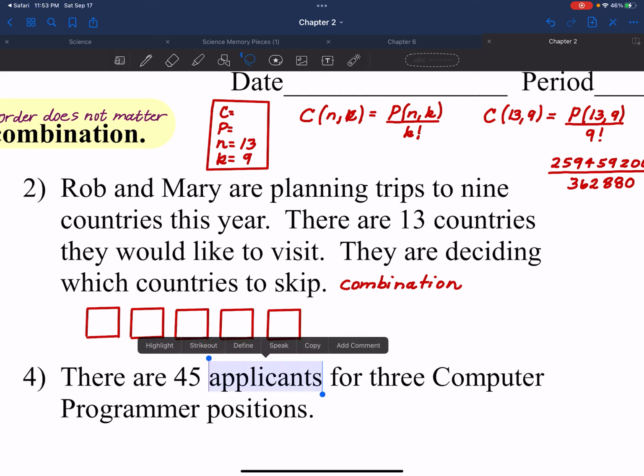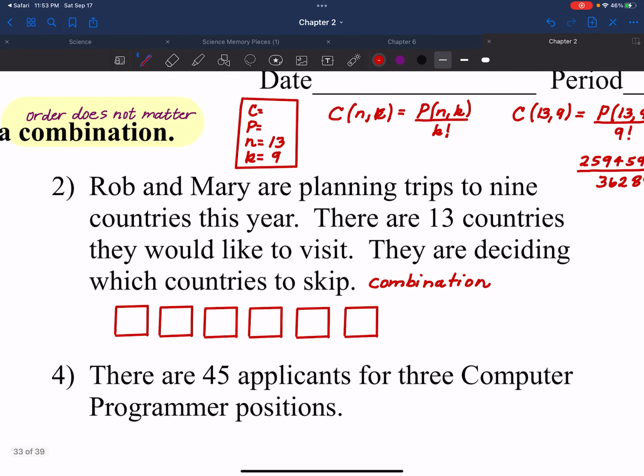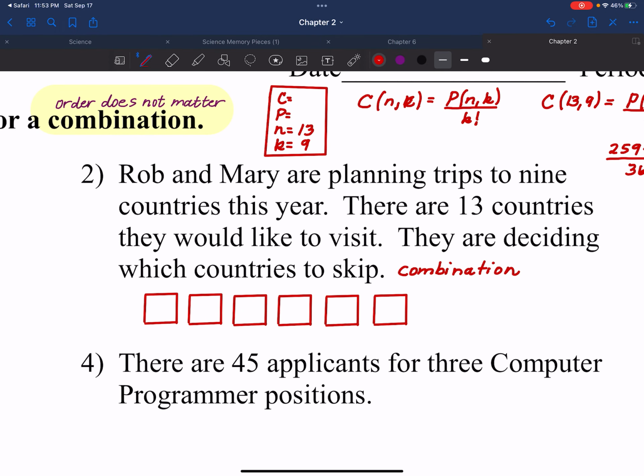All right, here are the keystrokes for a combination. We're going to say all clear. Put in the N value, which is 13. Shift, the number 2.